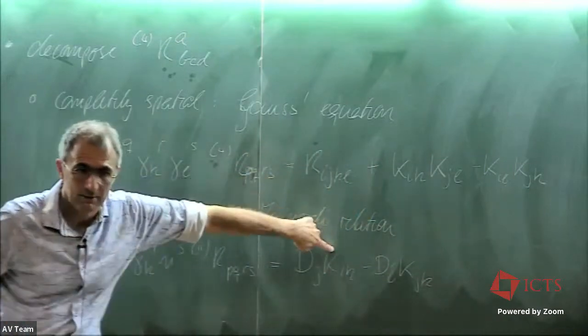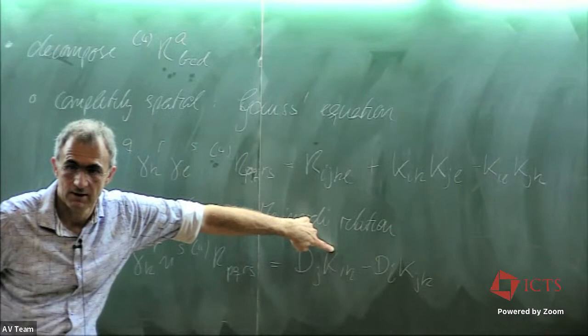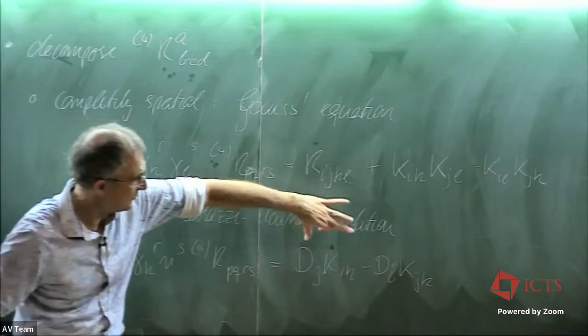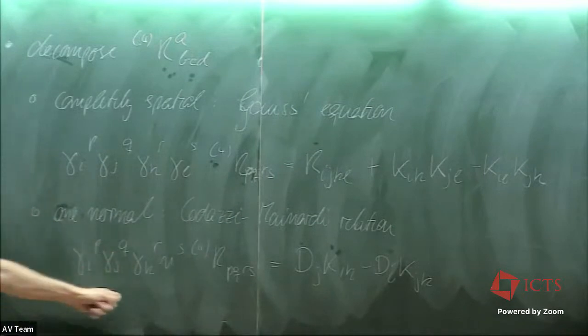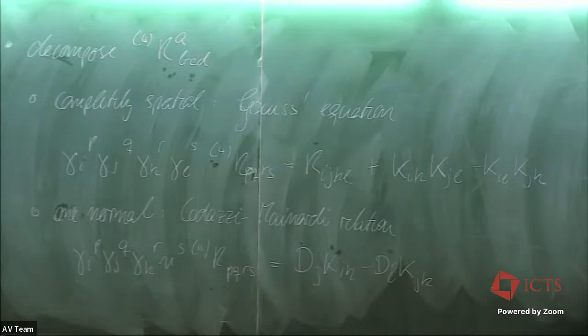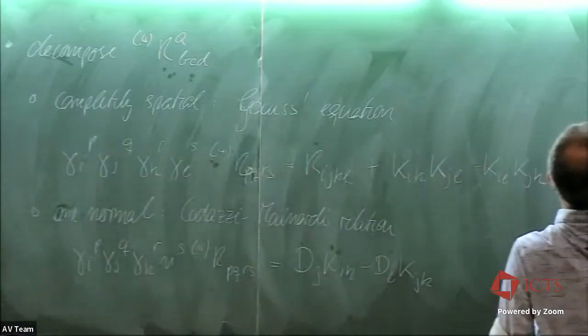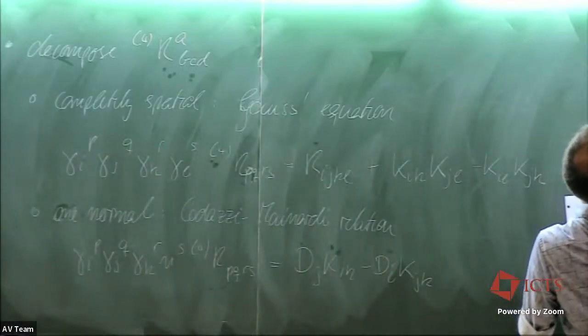Remember that K contains time derivatives of the metric. So if we now take a spatial derivative, these terms give us mixed time-space derivatives of the metric, which would be hidden in this contraction of the Riemann tensor. Okay? And finally, we could take two normal projections.